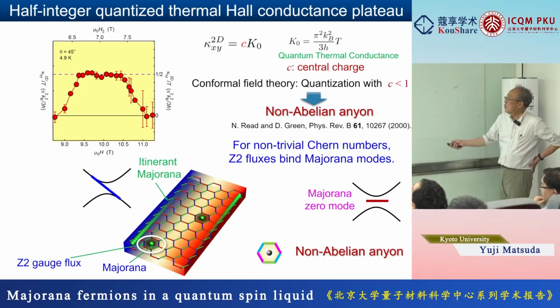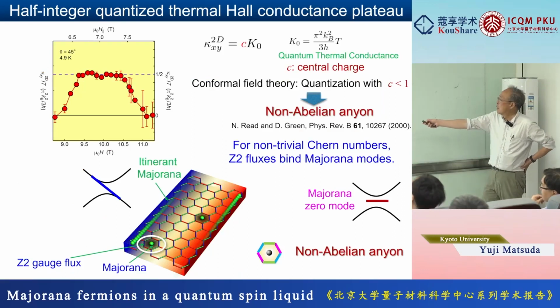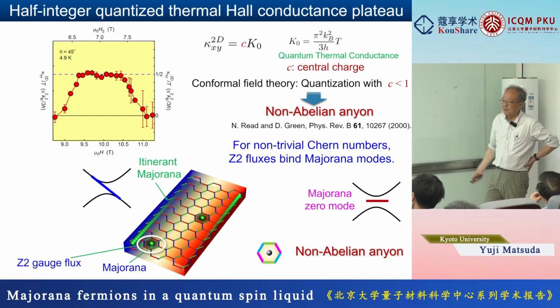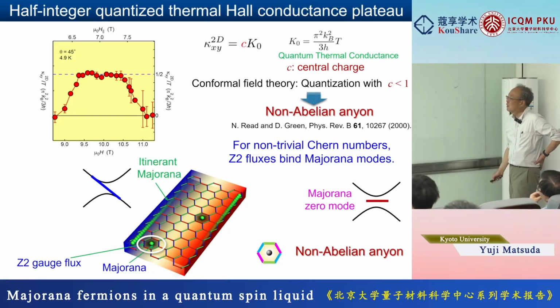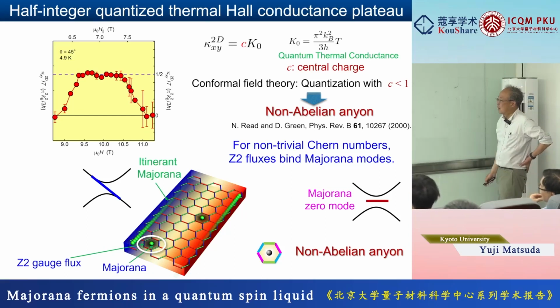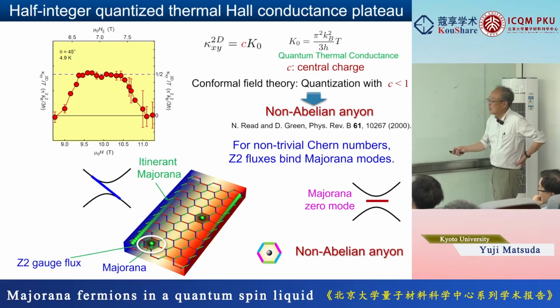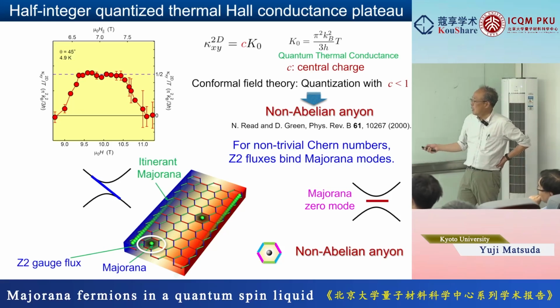According to conformal field theory, kappa xy is written as C K0, where C is the central charge. If the quantization occurs with C less than unity, this is direct evidence of non-abelian anyons. In the case of the Kitaev quantum spin liquid, the non-abelian anyon is a composite particle of the Z2 gauge flux and the Majorana fermion.